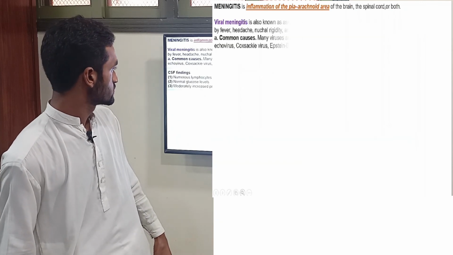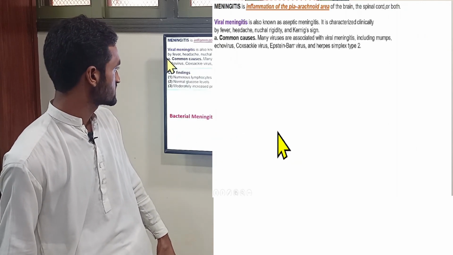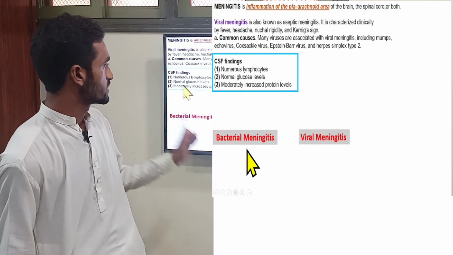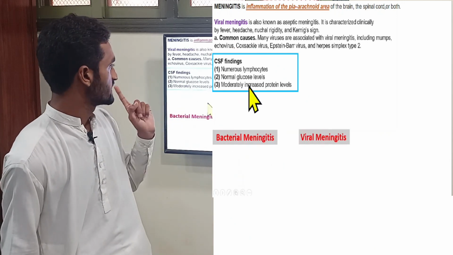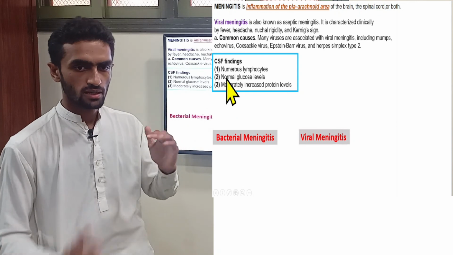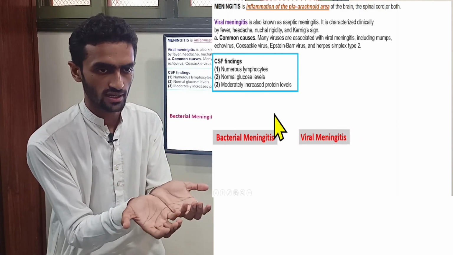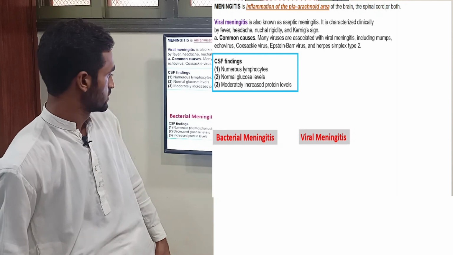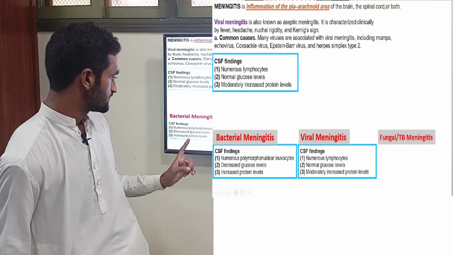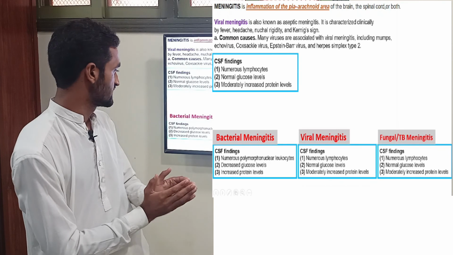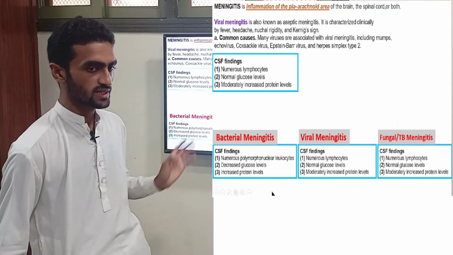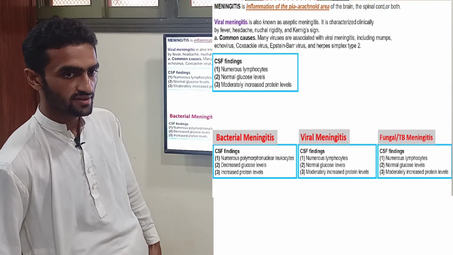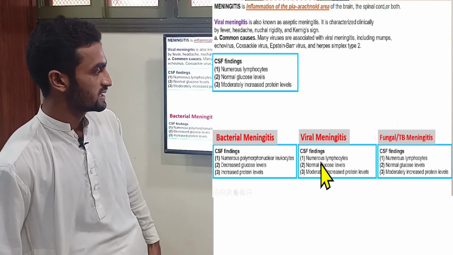And the other is the viral. My area of interest is that the glucose level is normal, and the protein is normal or a little bit higher as compared to normal. Just compare all these conditions. In viral, glucose is normal.